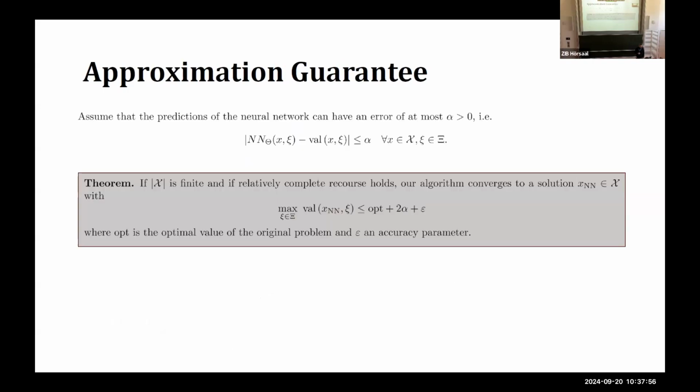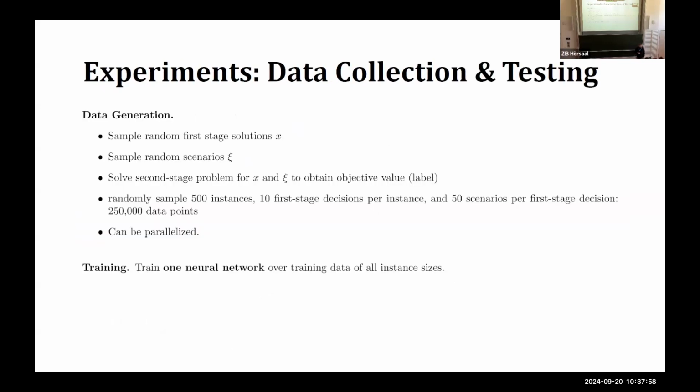And now let me skip this and show you the experiment results. So what we did now, we sample first stage solutions and scenarios to train our neural network. So we need data for this neural network.